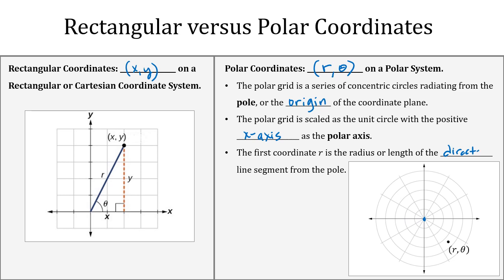Now we're going to look at examples of all this to make sure that it's clear. But in this picture, we see we have an r, theta down in the fourth quadrant. Now we could estimate this point by first identifying theta, which is the angle from the polar axis to the ray that goes through that point.